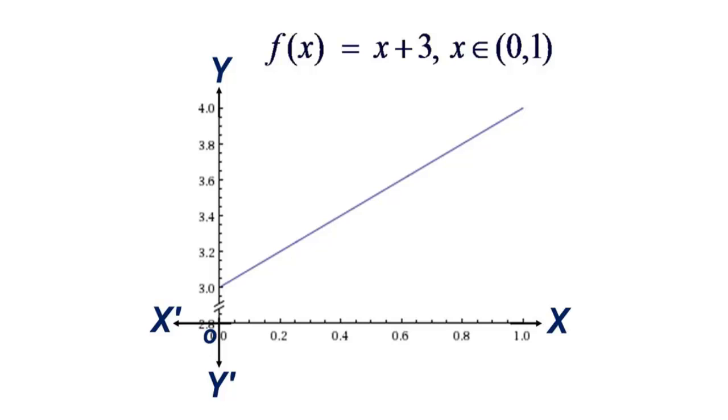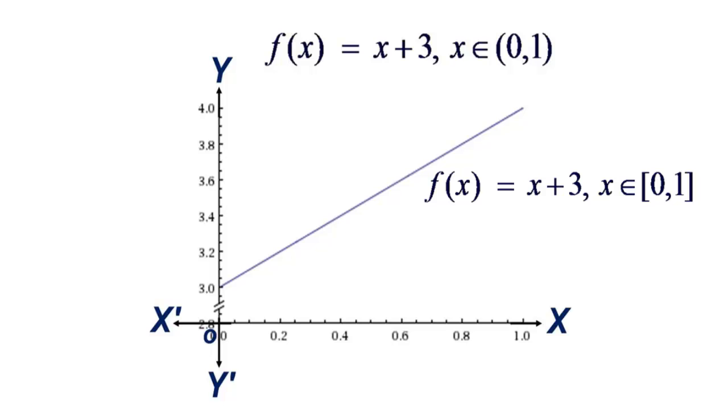However, if we redefine the domain of the function as the closed interval [0, 1], that is, instead of the open interval (0, 1), we redefine the domain as the closed interval [0, 1], then this function has a maximum value at x equal to 1 and a minimum value at x equal to 0.